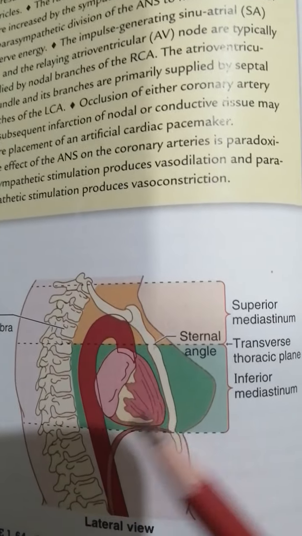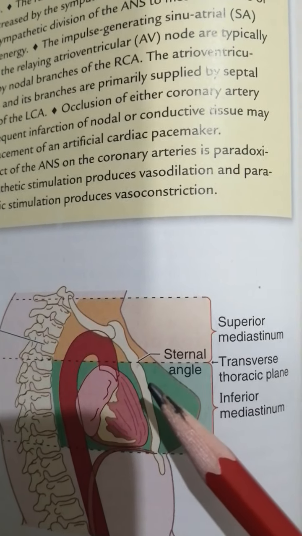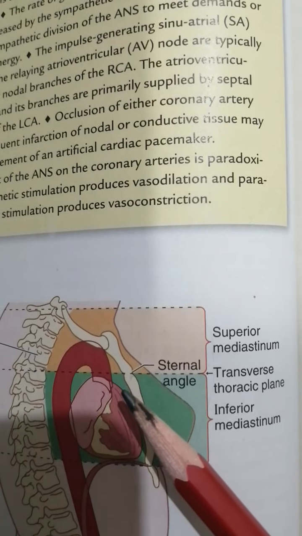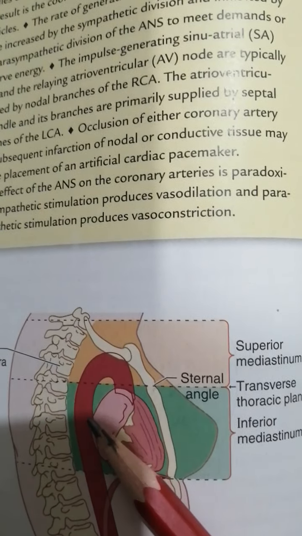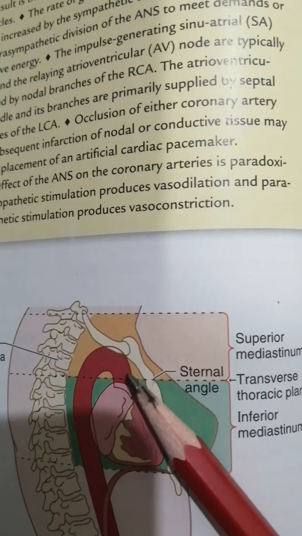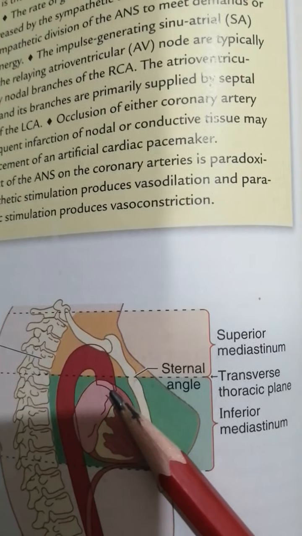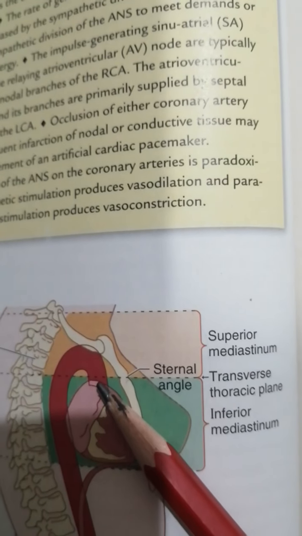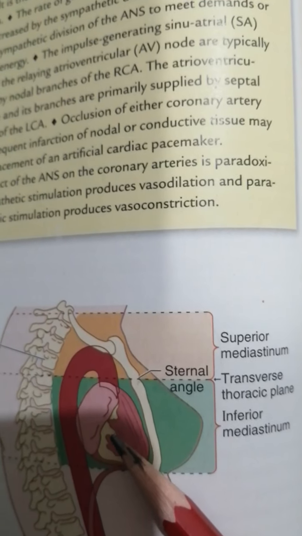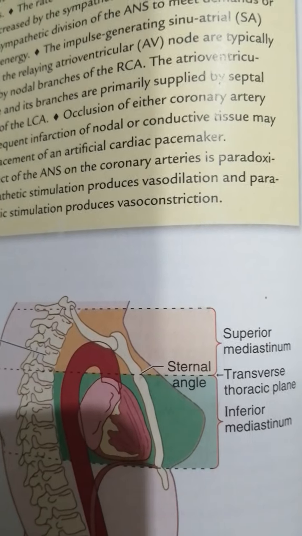These are basically the boundaries and contents of the middle mediastinum. We all know that the heart is enclosed in the pericardium. The arteries present are part of the ascending aorta, which comes out from the right atrium side, the pulmonary trunk and two pulmonary arteries, and among the veins the lower half of the superior vena cava and the terminal part of the azygous vein.